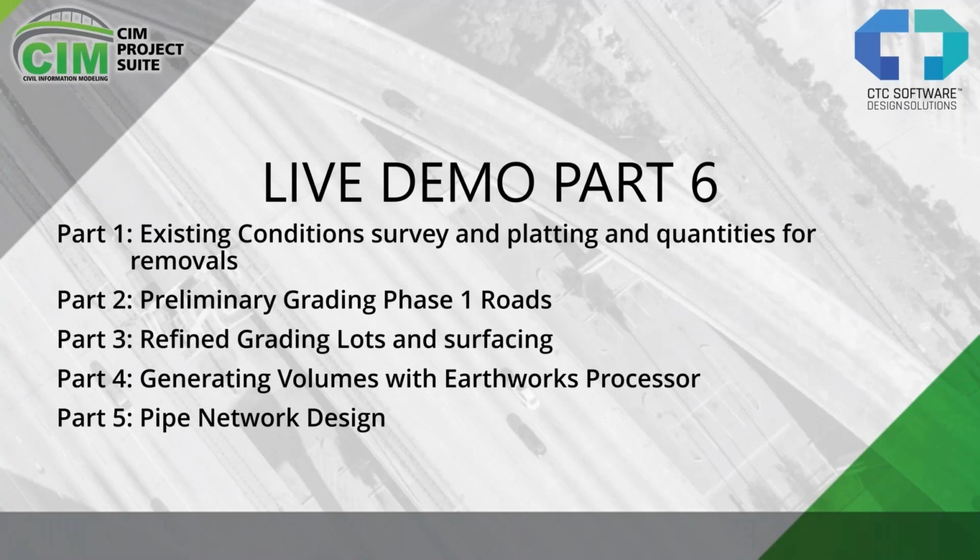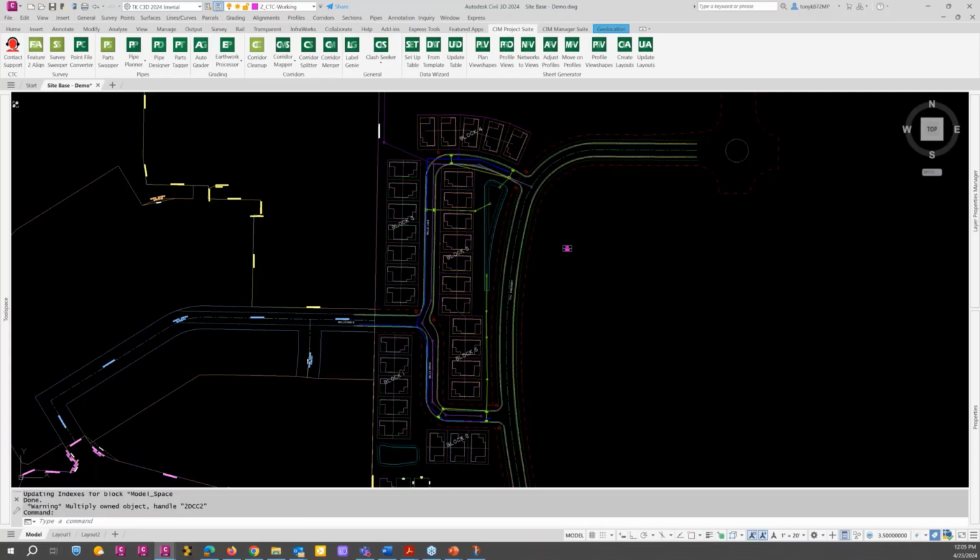Then we did some preliminary grading, and then we did some refined grading of lots and surfaces using mainly our AutoGrader tool, and then generating volumes with Earthwork Processor. And our last one was about our pipe tools and the design, how that speeds you up. So with that, let's get into the drawing here today and see what we can show you.